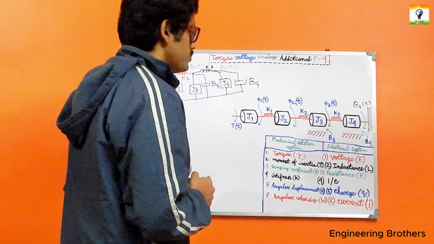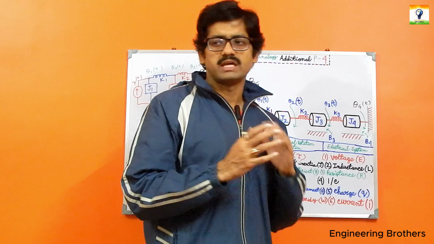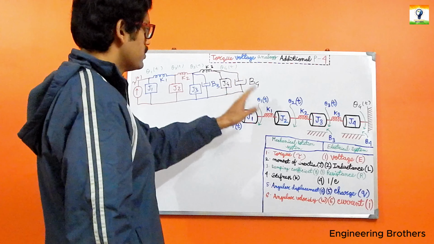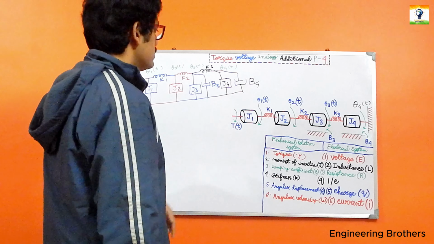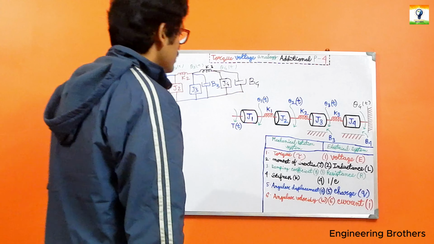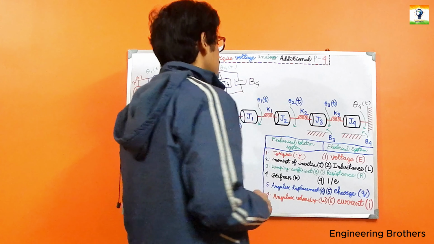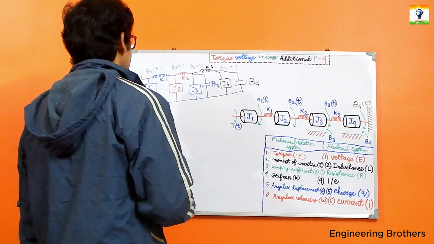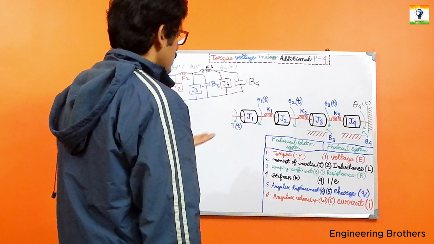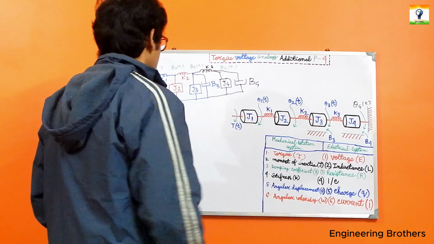In the next part, we need to first identify what elements are connected in this nodal diagram. So with our theta 1(t), the J1 block is directly connected, and in between our theta 1(t) and theta 2(t), the spring element K1 is present.